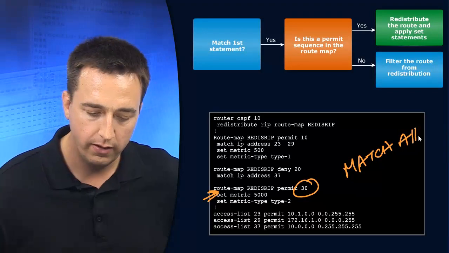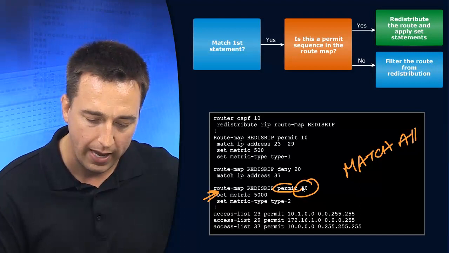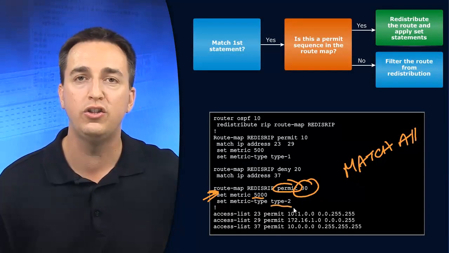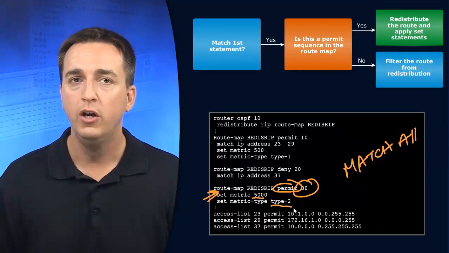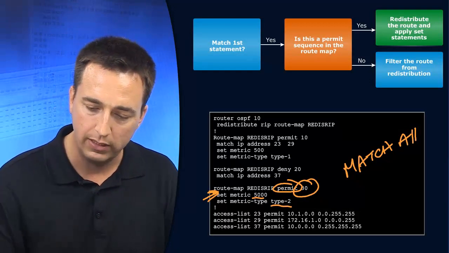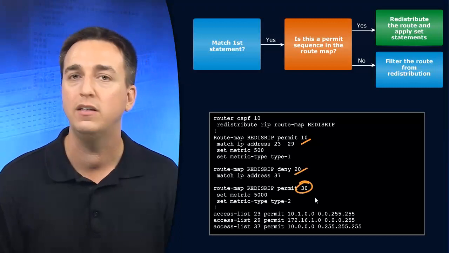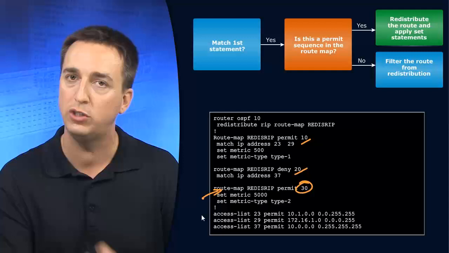And when we redistribute, because it says permit, we're going to set our metric to 5,000, and then our metric type to 2. So every route that does not fall within sequence 10 or sequence 20 will be affected by sequence 30 because of the match all condition right here. I know it's not listed, but you have to realize it's there.